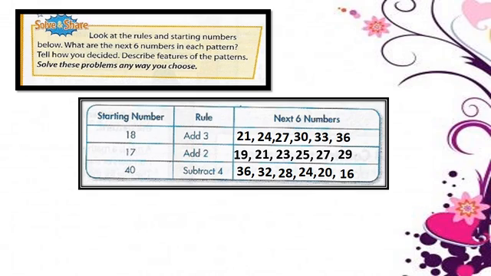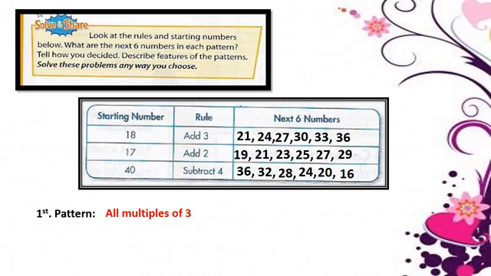Look at the numbers. So we can say that in the first pattern, they are all multiples of 3. The 21, 24, 27, 30, 33, and 36 are all multiples of 3.